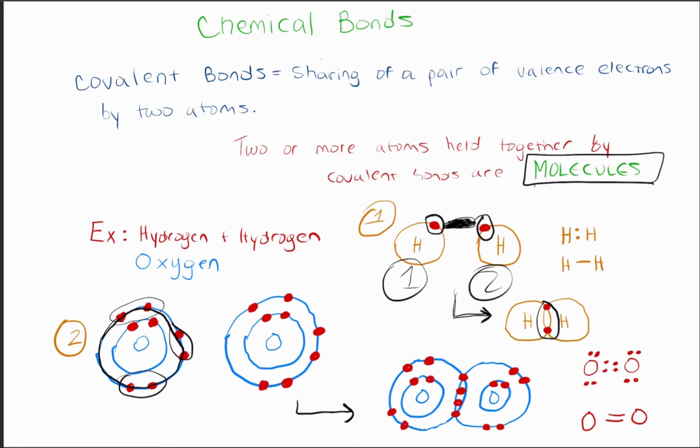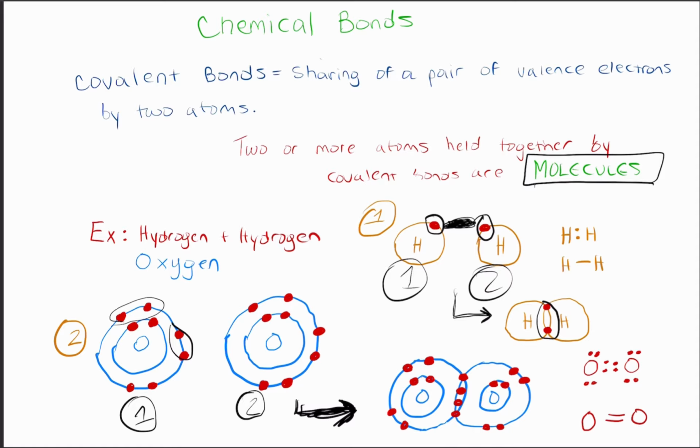So how does oxygen do this? If we look at this other oxygen atom, we have the first one here and the second one there. They would share their electrons, and that can be seen right here.